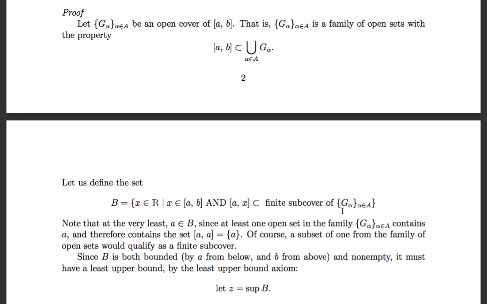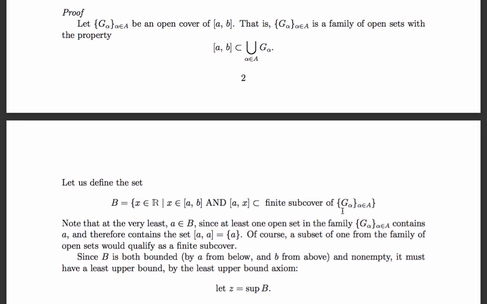Well, before we get ahead of ourselves, is anything in big B? Well, sure, of course. At the very least, a is in B, since a is in the closed interval a to b, and because a is in the closed interval a to b, which is contained in the union of a family of open sets, then one of those open sets has to contain a. Therefore, the set from a to a is contained in a single open set.